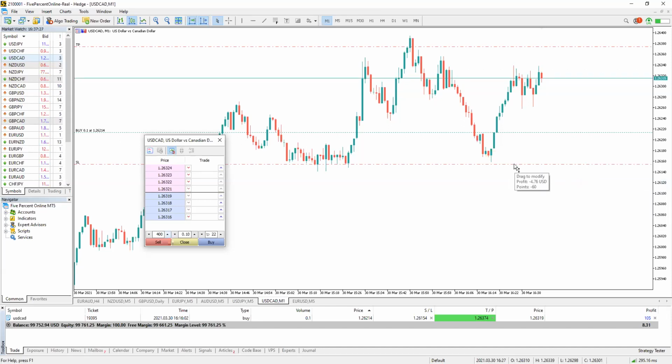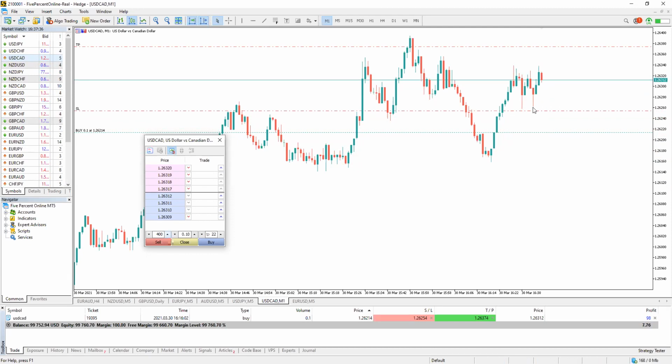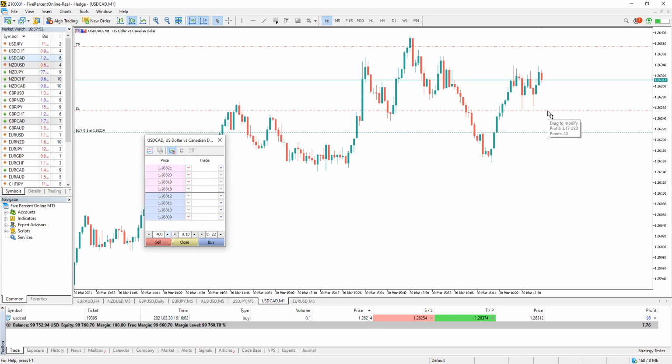I guess I could trail my stop to that area, because I told you if price breaks those levels down, it will go all the way to these lows. So we could bring our stops and secure some profit. We need to be careful when we do that, because sometimes we get stopped out even if we're in profit, and then that's when the market goes in our favor, correct?